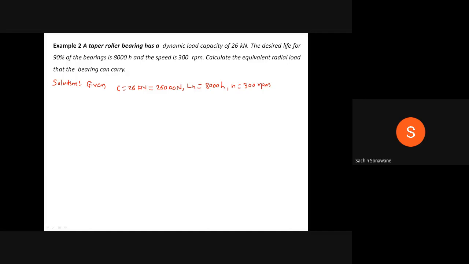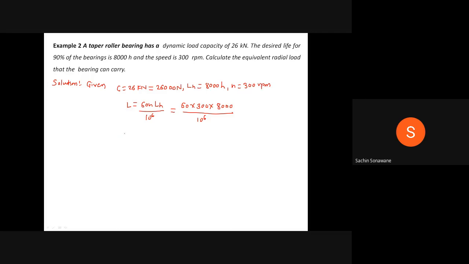Now we have to calculate the value of P. Therefore, L is equal to 60 into n into Lh divided by 10 raised to 6, which is equal to 60 into 3000 into 8000 divided by 10 raised to 6.